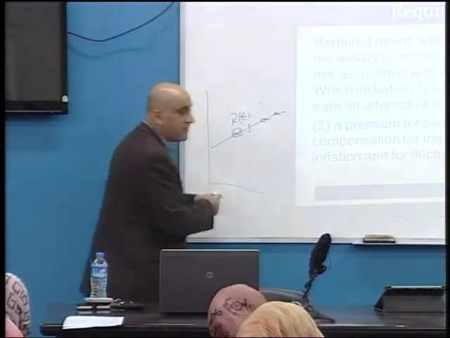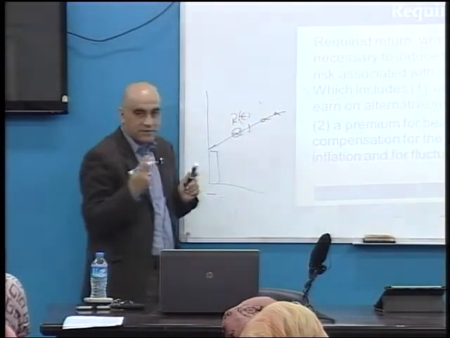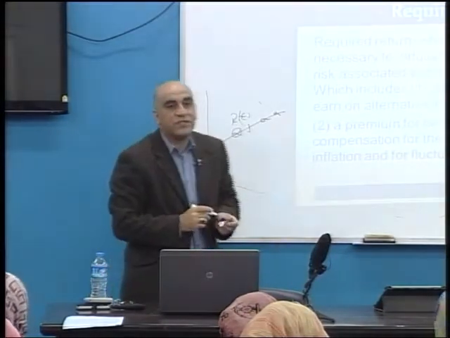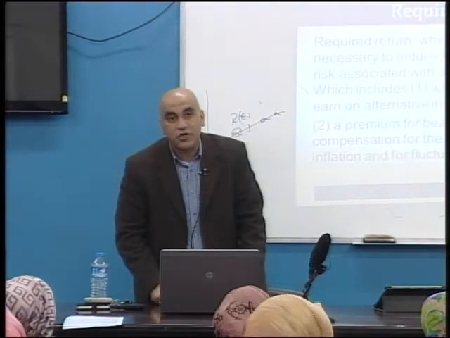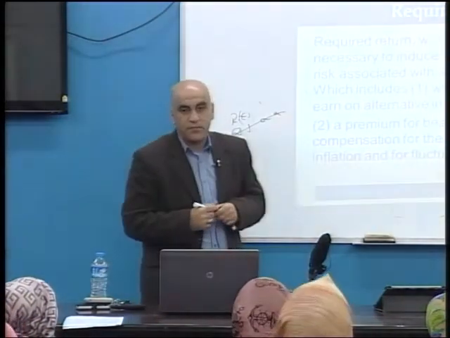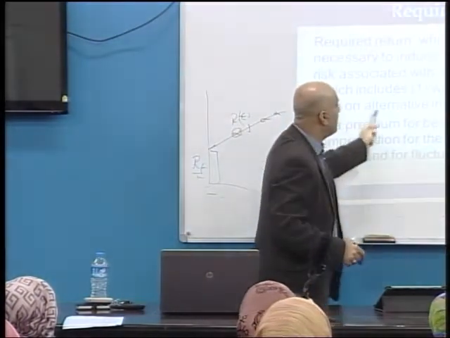And as we explain in this chart, the required rate of return includes two components. The risk-free component, which includes the inflation rate and the real nominal rate, plus the risk premium. Again, this is what the investor may earn in alternative investments.